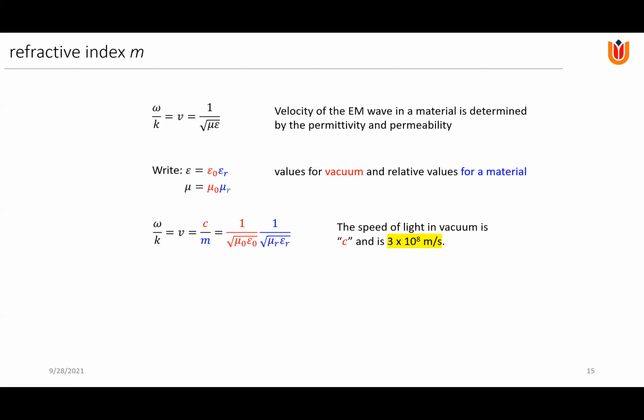So this basically defines the speed of light in vacuum. It's only a material property. Yeah, that's the refractive index. That is the refractive index. So just from Maxwell's equations, going down from the wave equation, this is the refractive index.